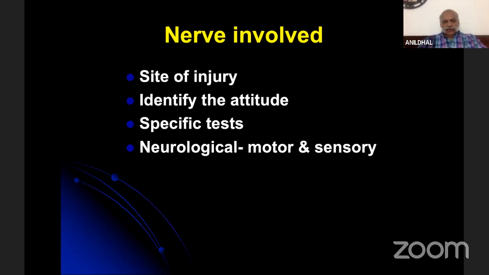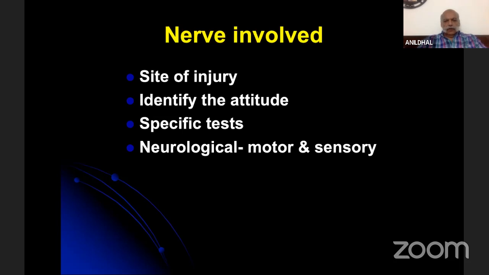Well, the site of injury is important to note. Identify the attitude. Some injuries have a typical attitude, like the foot drop in a lower extremity sciatic nerve or a common peroneal nerve injury. Based on these two factors, the site and the attitude, you get a clue to what are the specific tests to be performed in this likely nerve injury.